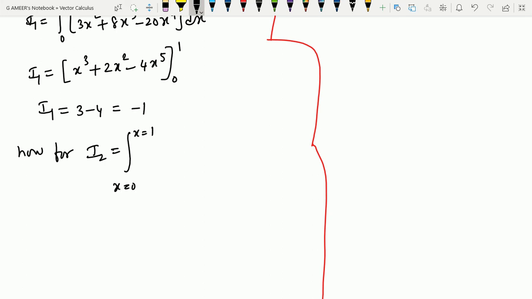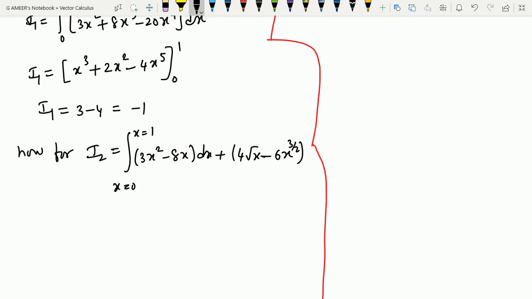First term, you don't do anything, 3x square as it is. Second term 8y square, but y square is equal to x, that is minus 8x into dx. Plus 4y, but y is equal to root x, that is 4 root x, minus 6xy, that is 6x power 3 by 2 into dx.